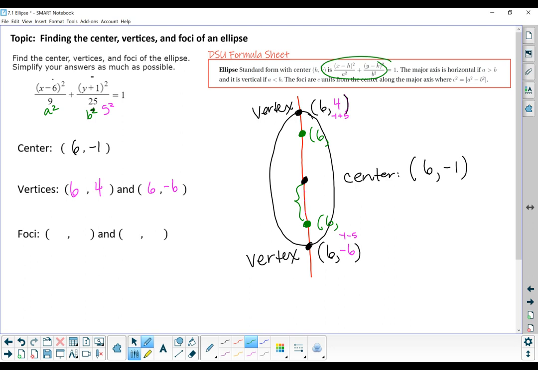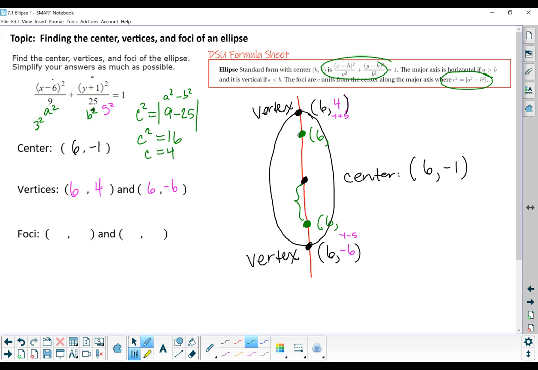We don't want to square the 9. This is a 3 squared. So a squared is 9, b squared is 25, and we're going to calculate c squared, which is a squared minus b squared. Well, 9 minus 25 is negative 16. If we take the absolute value of that, c squared is 16, which means that c is 4.